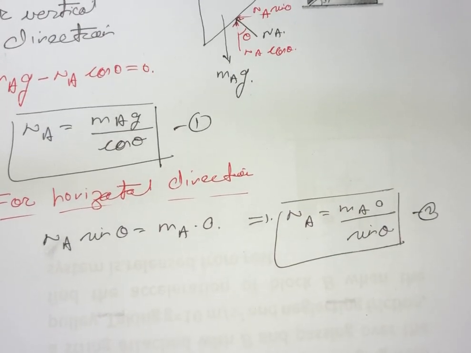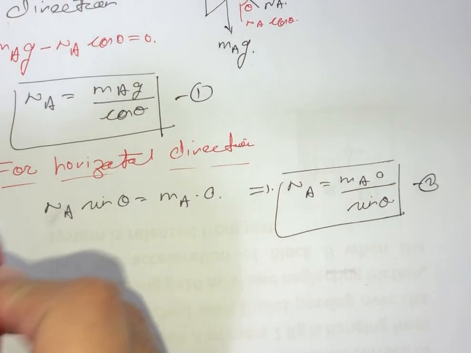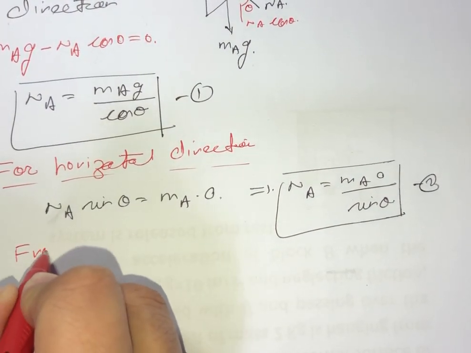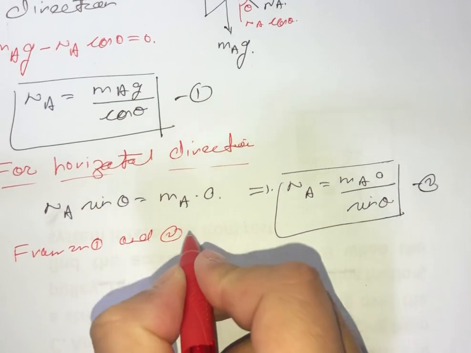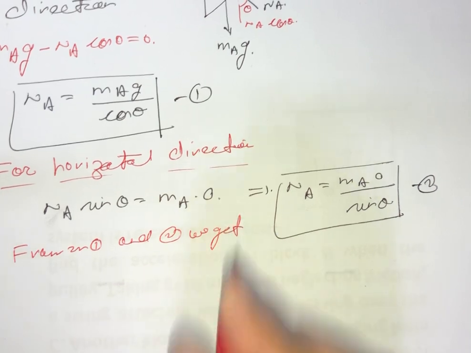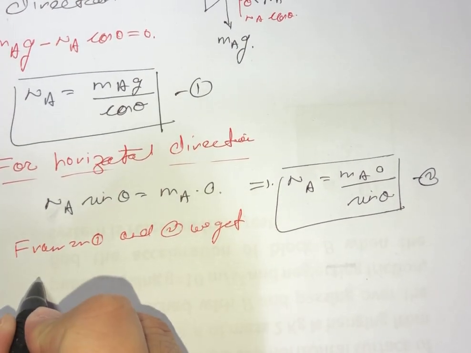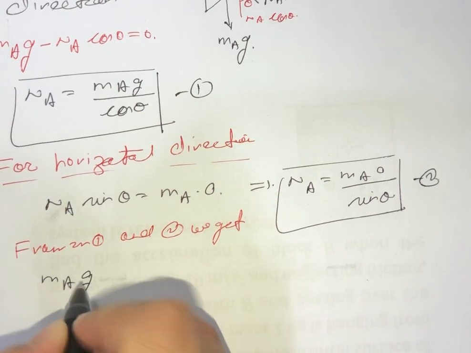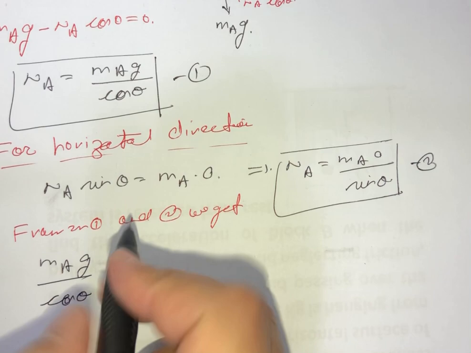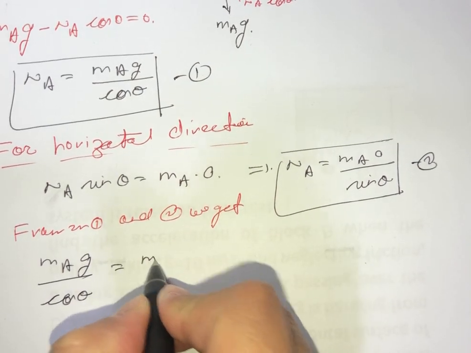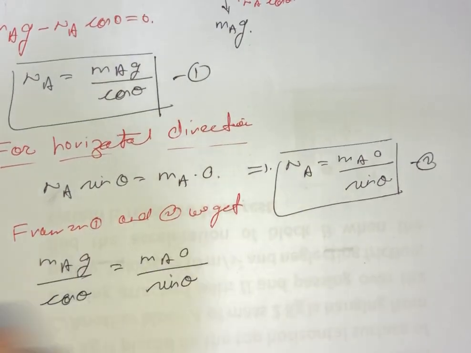So equating 1 and 2, we get MAG divided by cos of theta will be equal to MAA divided by sine of theta.